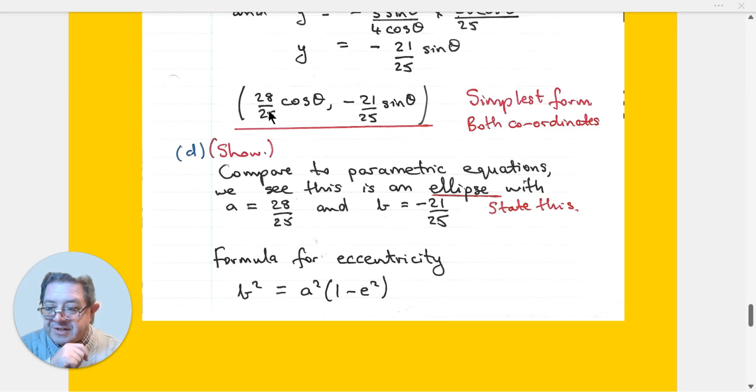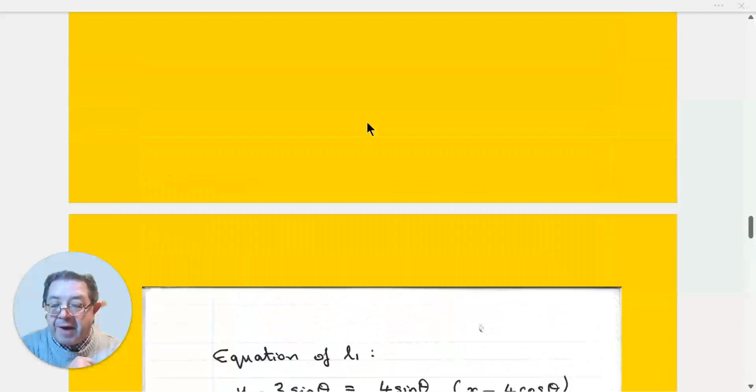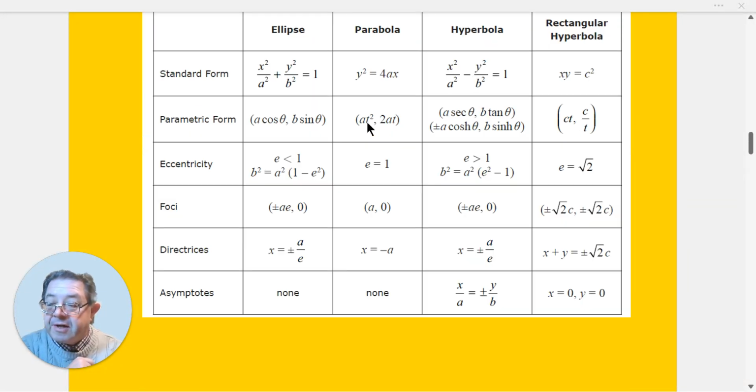We found x equals 28 over 25 cos theta, and y equals minus 21 over 25 sine theta. Compare that to the parametric equations of an ellipse. We go back to the formula sheet and we see for an ellipse the parametric form is a cos theta, b sine theta.